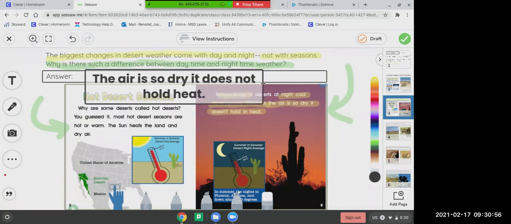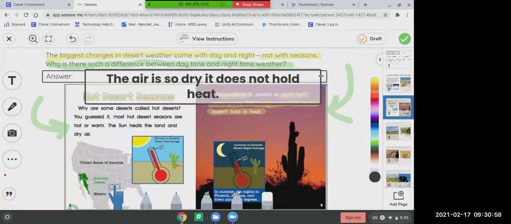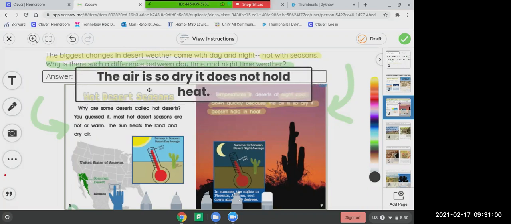This explains how in the desert and the daytime it can be really hot, but then at nighttime the air is so dry it starts to get really cold. And we have talked about how deserts can be places that are very cold.